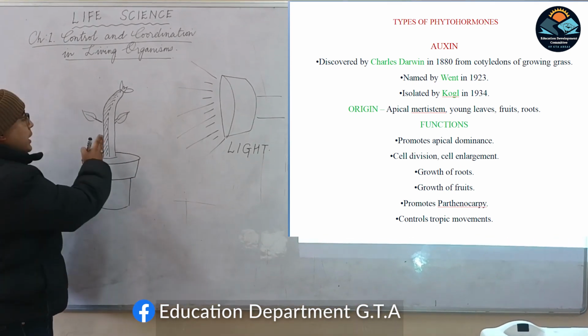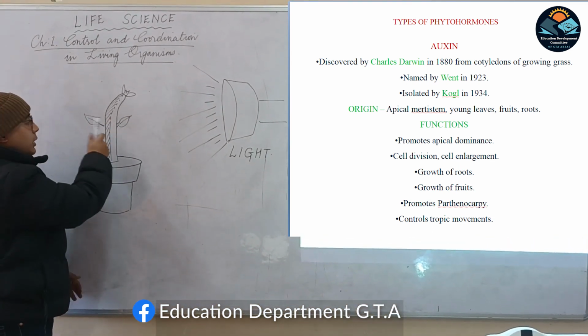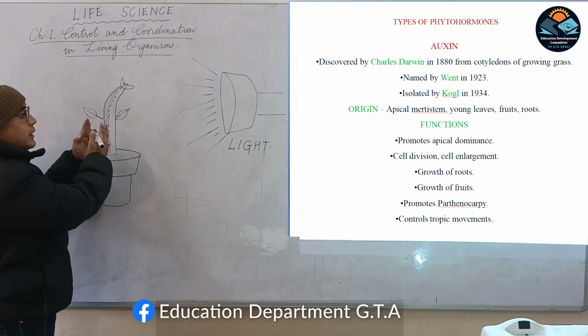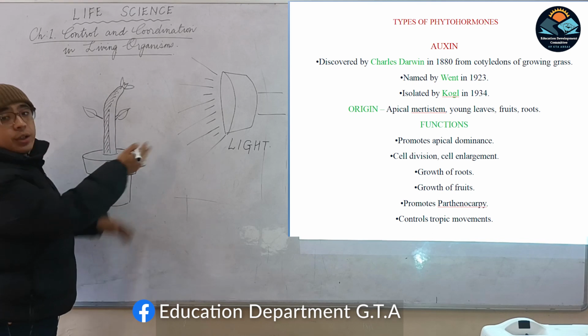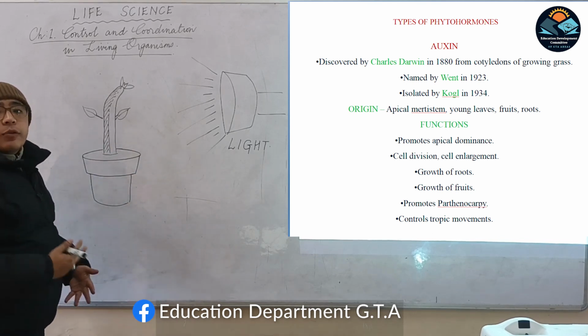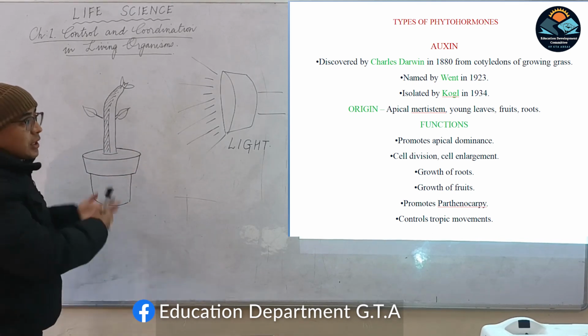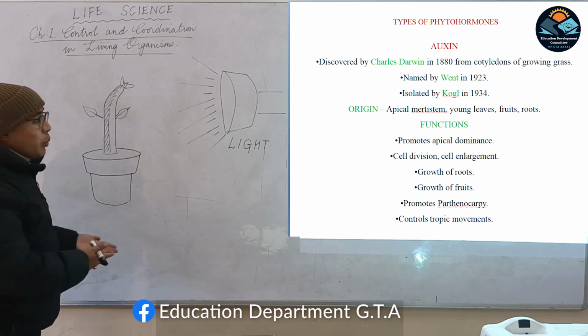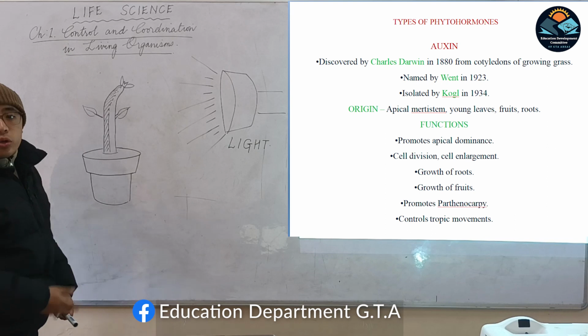Therefore, if the shaded portion grows more than the unshaded portion, naturally the stem will start bending towards the light, and this is known as phototropic curvature, and this is brought about by higher concentration of auxin. So in this way, auxin controls phototropic movement.